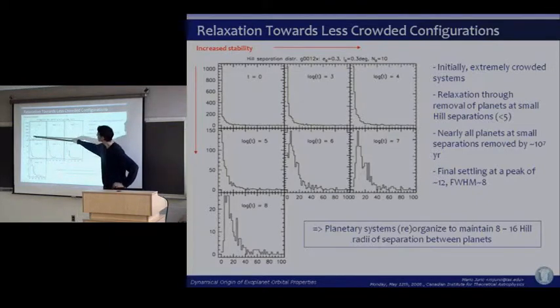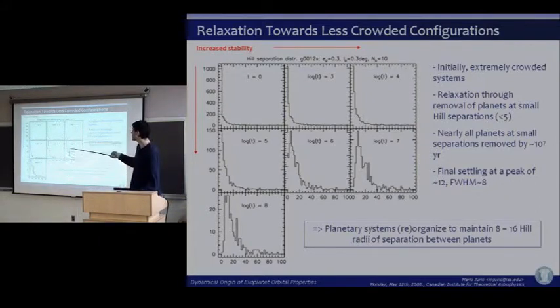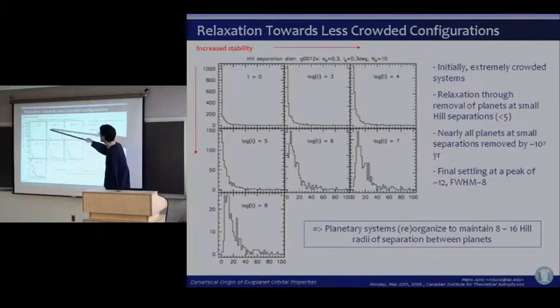Now this is the entire distribution. This is for one active ensemble. The distribution at t equals 0 is strongly peaked at Hill separations less than 1. As it evolves, what you see is relaxation through removal of planets at small Hill separations.